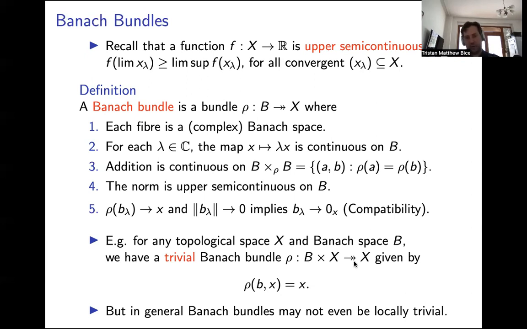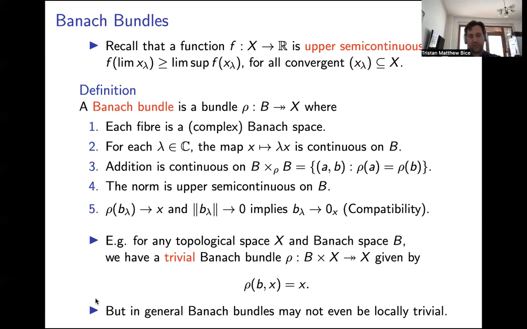Just because that's true locally does not necessarily mean it's globally trivial. This is something you might be familiar with if you've done some work in differential geometry, for example. Then you would look at manifolds and consider the tangent bundle or the cotangent bundle, and this will definitely give you a vector bundle, but it may not be trivial, or it may only be locally trivial.